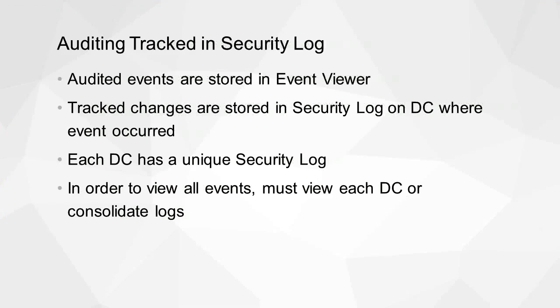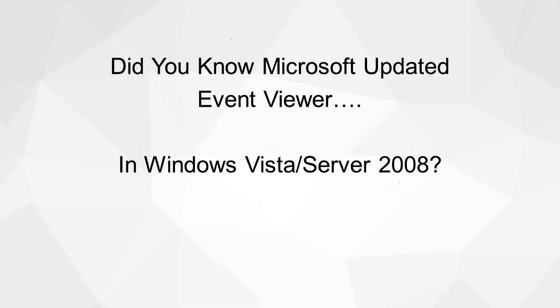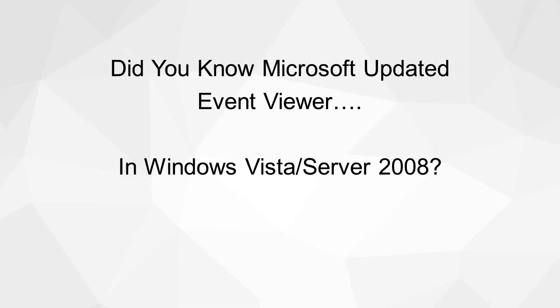But what exactly does Microsoft give us so that we can attempt to find information inside of these security logs, so that we can actually get through the information to find what we're looking for? Well, Microsoft has made some updates, and I don't know if you're aware of this or not, but Microsoft updated the event viewer back in the Windows Server 2008 Windows Vista timeframe.